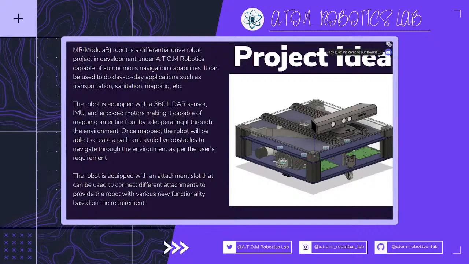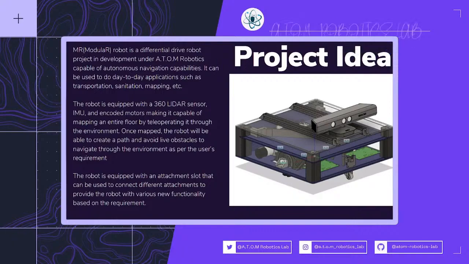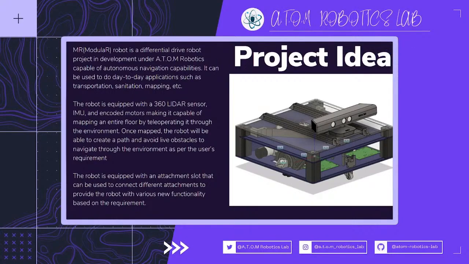Mr. Robot basically provides various applications. You can plug and play anything you want. If you want to attach an arm or any camera onto it, you can do that.